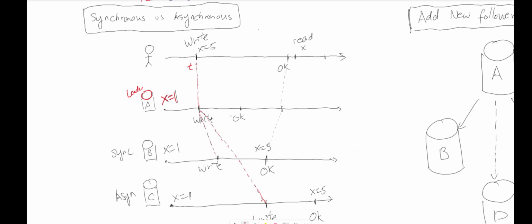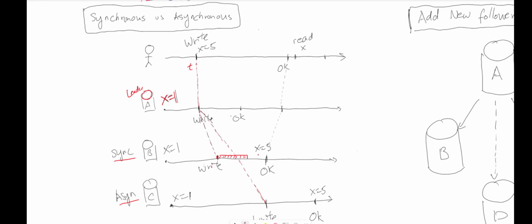In this configuration, we defined B to use synchronous replication, and C we defined to use asynchronous replication. So what does that mean? When B receives the write request, it takes some time to push to the database.